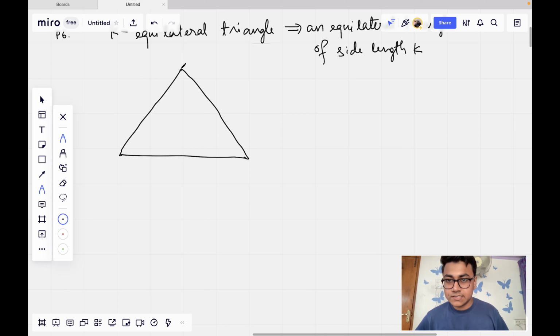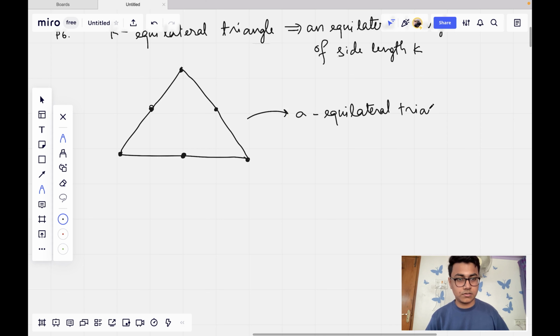We look at the set of 6 points, the 3 vertices and the 3 midpoints of the sides. This is an A equilateral triangle.